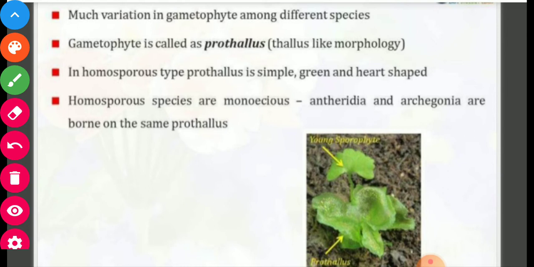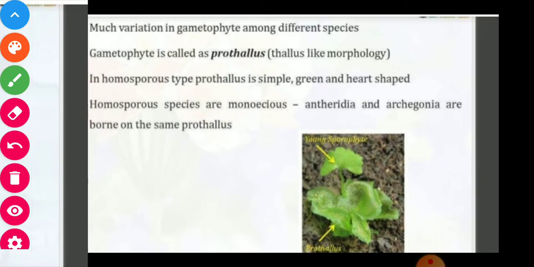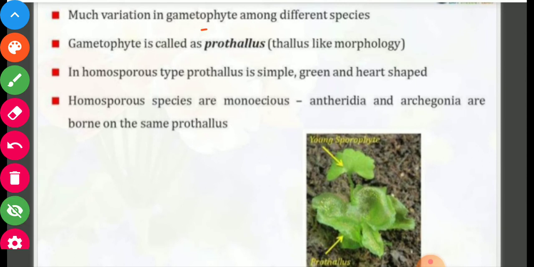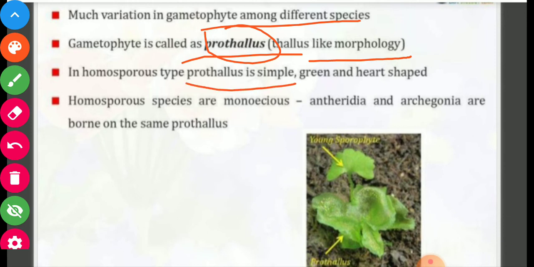There is much variation in the gametophyte among different species. The gametophyte is called prothallus. When spores germinate, they form a prothallus. In the homosporous type, the prothallus is simple, green and heart-shaped.